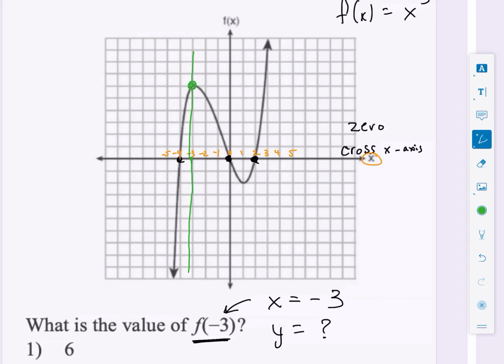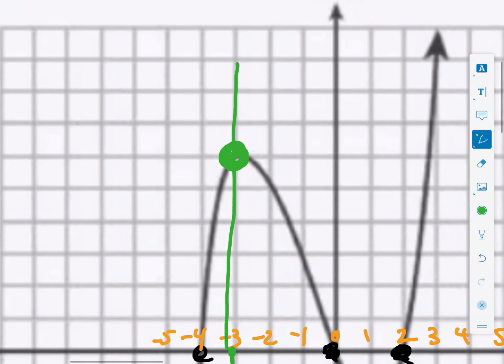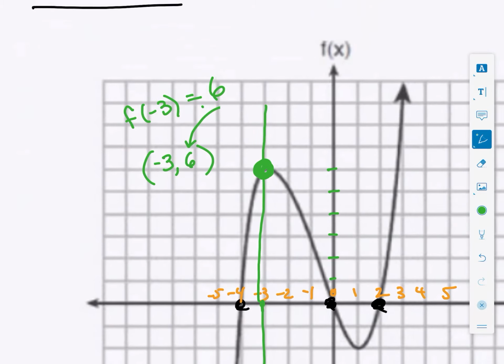And now, where does it cross my graph? Specifically, right at that point. I know that point is going to be negative 3 comma something, and I'll just count up on my y-axis. 1, 2, 3, 4, 5, 6. So when I find f of negative 3, I know that my output is equal to 6, my y value.